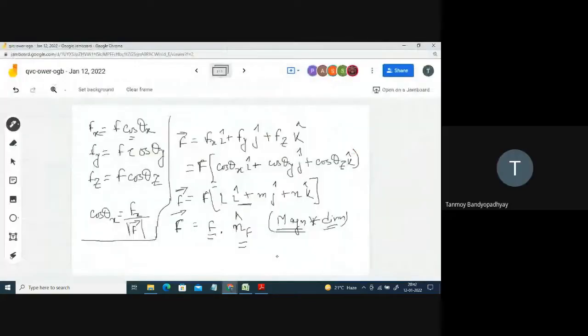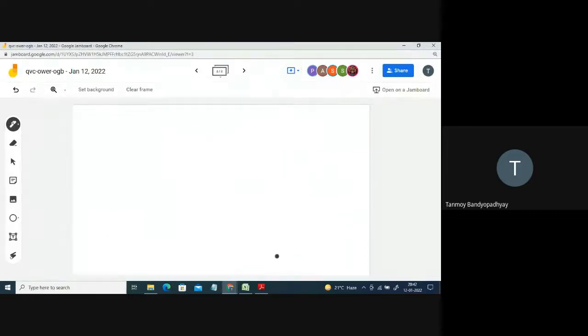ক্লিয়ার? আচ্ছা, এইবার now if you intend to find out this, মানে এটা যদি আমি বের করতে চাই, so if I intend to find out a unit vector in the direction of the force, তাহলে সেটা বের করতে গেলে আমাকে কি করতে হবে? So we have to determine the line of action of the force. Suppose the line of action of the force is known to us. ধরো suppose this is the line of action of the force.